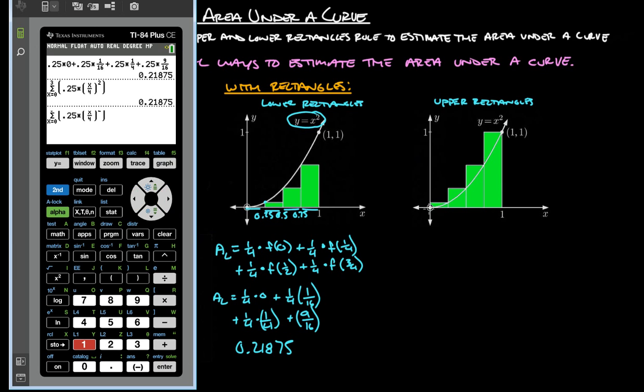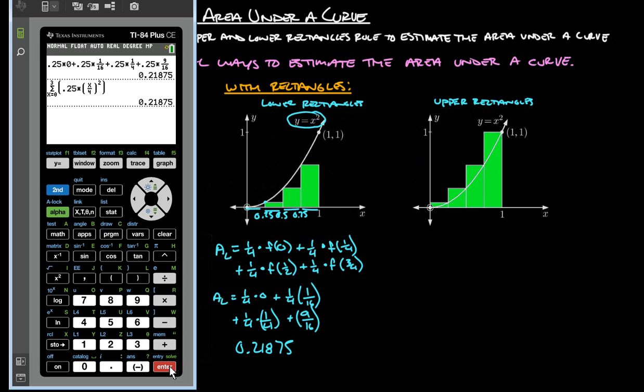Because we're starting with 1, putting in 1/4, and then we're going to go all the way up until we get to 4/4, and that should give us the calculation of what we call the upper rectangles.